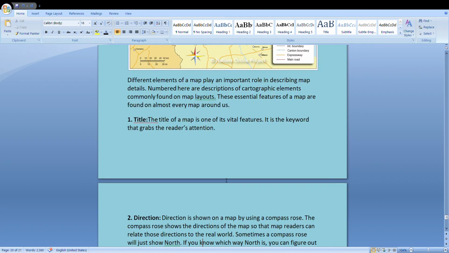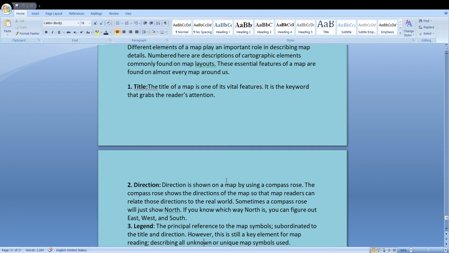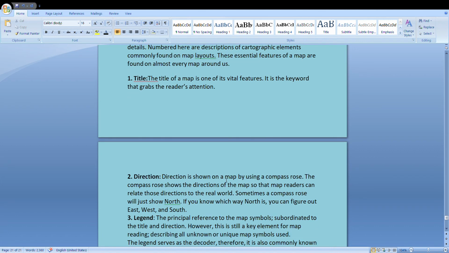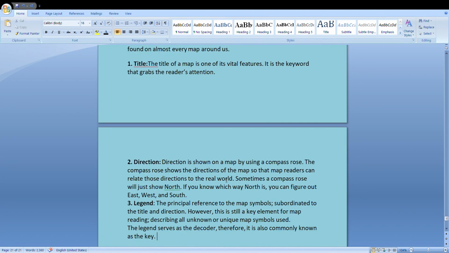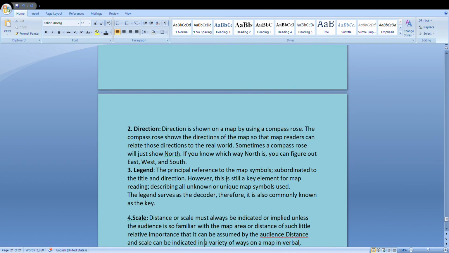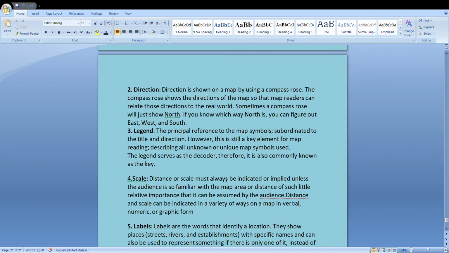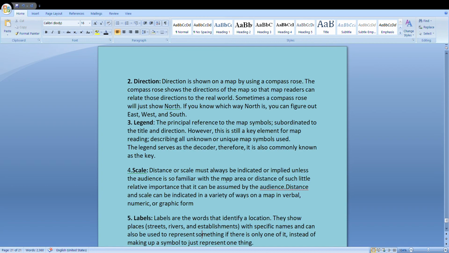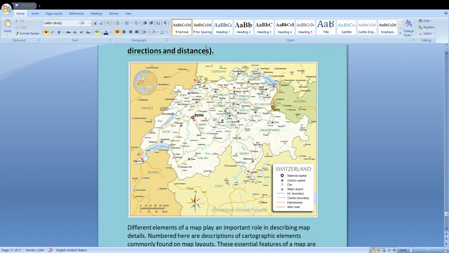That is called a label, which is very important because everything can't fit in the index, in the legend. That is why labels are also given. So these are the essentials of map reading, and whenever you go to any place, please look for these 5 things in a map and you will be able to understand how to read a map.